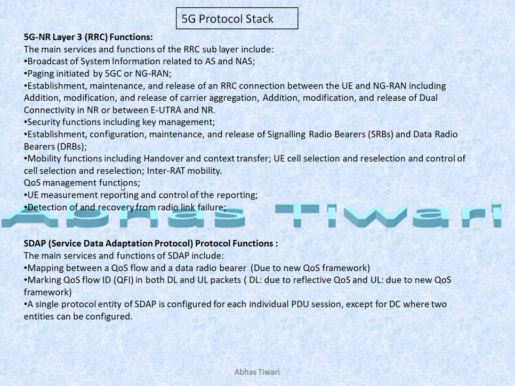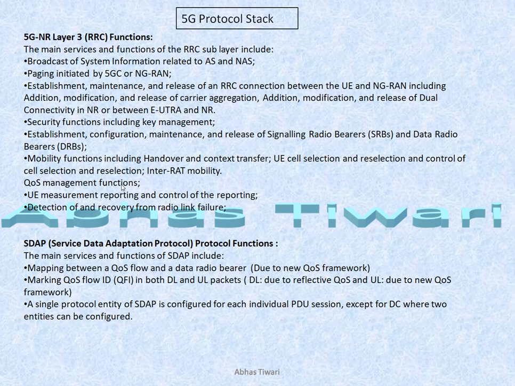Every QoS flow is marked with a QoS flow ID. Mapping between a QoS flow and a data radio bearer is done at the SDAP layer. A single protocol entity of SDAP is configured for each individual PDU session.